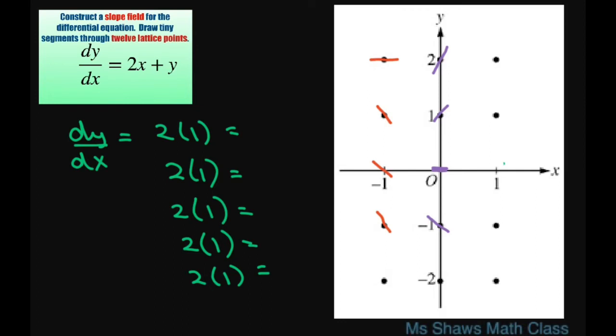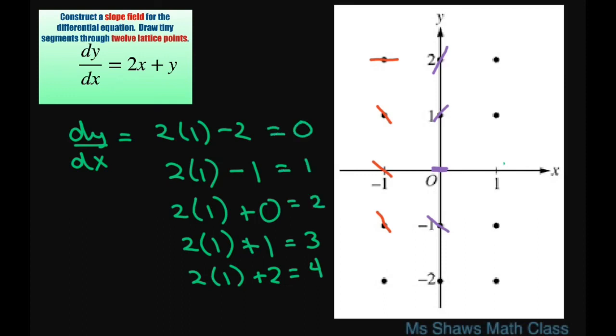For this one, we're going to get minus 2, minus 1, plus 0, plus 1, and plus 2. So this is going to give you 4, 3, 2, 1, and 0.